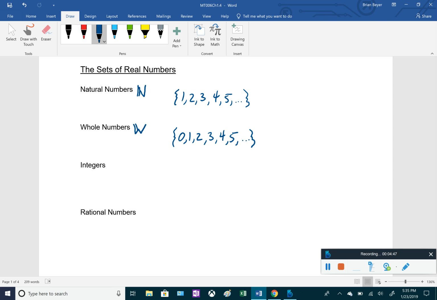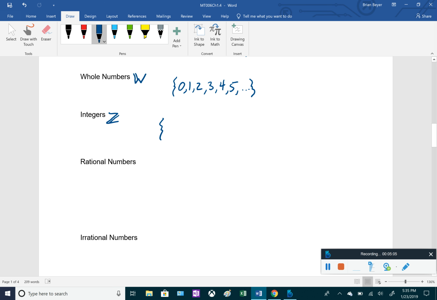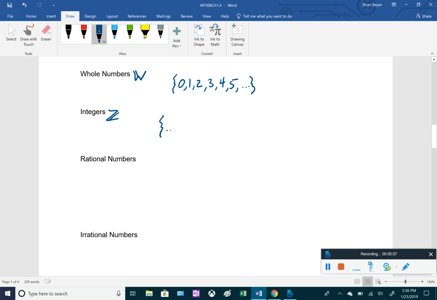Next, integers are denoted with a Z, with the double backbone right there. The set of integers is the negative and positive whole numbers. The way we can denote this is to put an ellipsis to the left, then maybe say -5, -4, -3, -2, -1, and 0, 1, 2, 3, 4, 5, and then an ellipsis again.